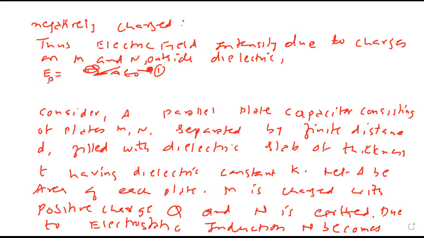So we got intensity outside the dielectric is Q upon A epsilon naught. This part I have not yet explained.